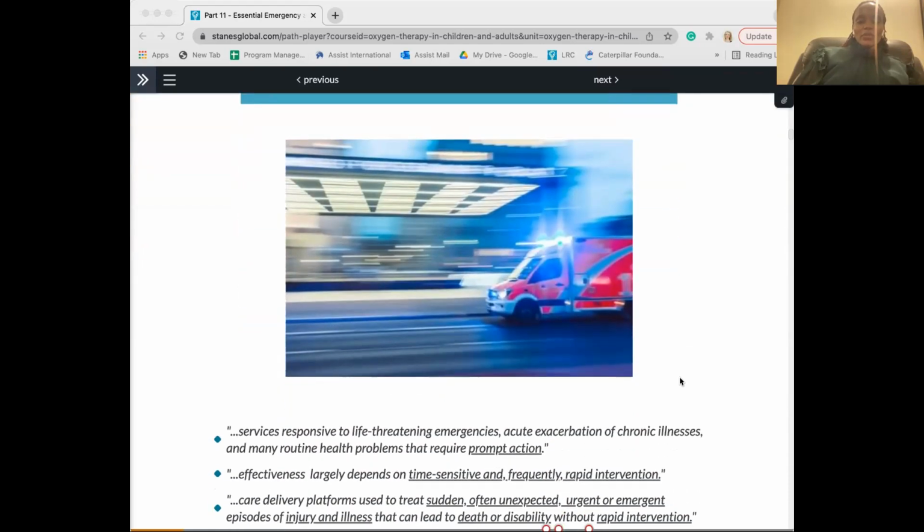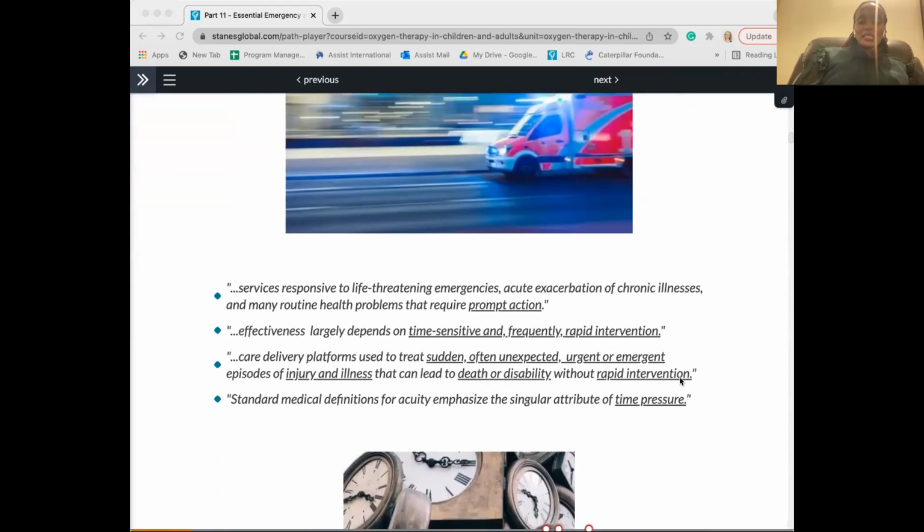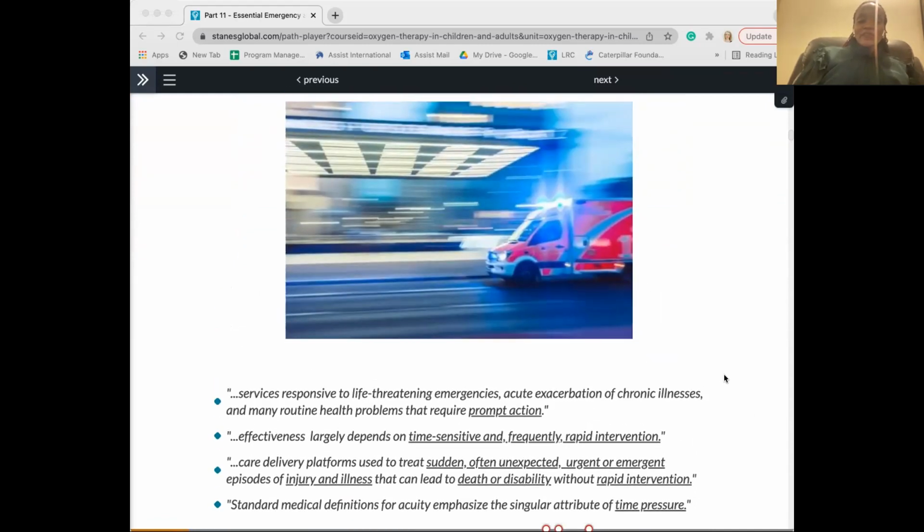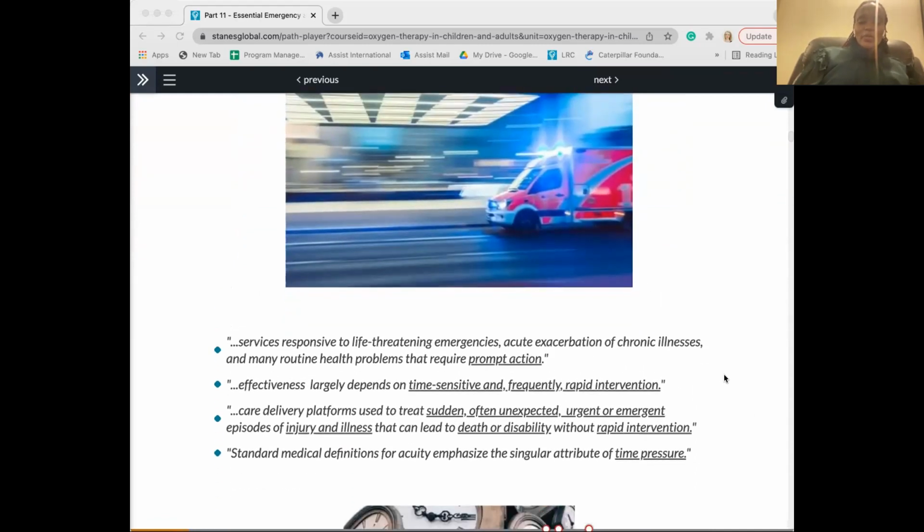According to the WHO, effective services are responsive to life-threatening emergencies, whereby you have acute exacerbation of chronic illnesses, and these require prompt action. This is time sensitive because any loss of a second could lead to loss of the patient or could worsen the condition.